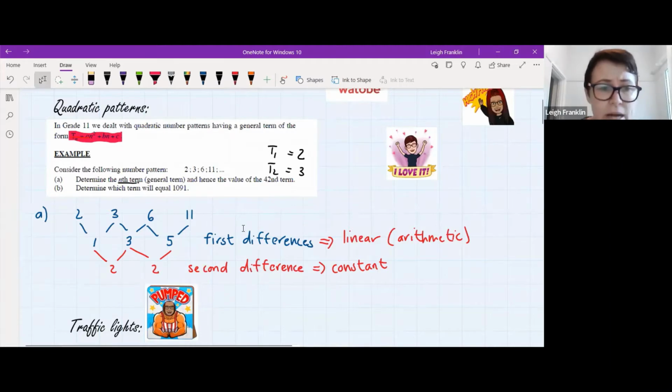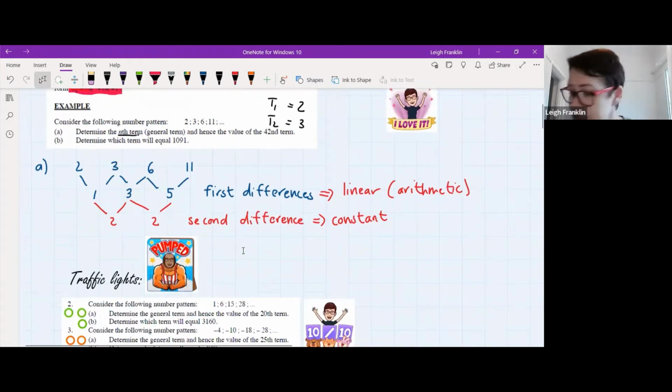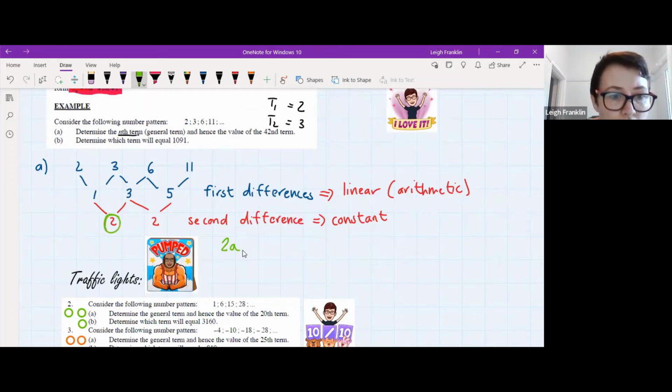After we've worked out our pattern of first differences and second differences, this is where our learning from grade 11 comes in, all right? Because there are specific rules that we have to use. So the first rule that we have to learn is 2a. And 2a is always equal to our second difference.